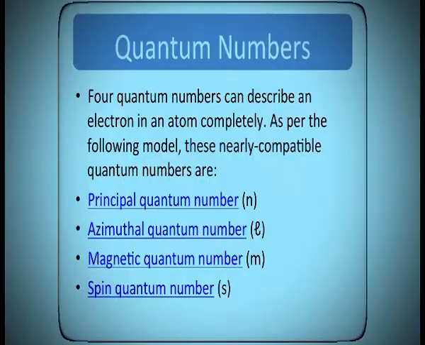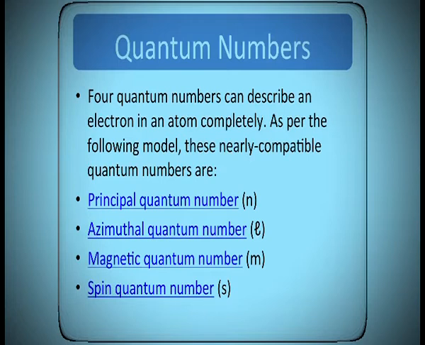On solving the Schrödinger wave equation for the hydrogen atom, we get a number of wave functions which are characterized by three quantum numbers, say the principal quantum number, the azimuthal quantum number and the magnetic quantum number. There is another quantum number we will discuss later on.